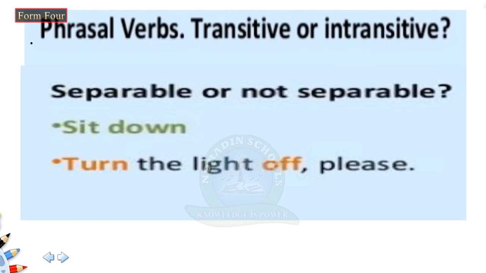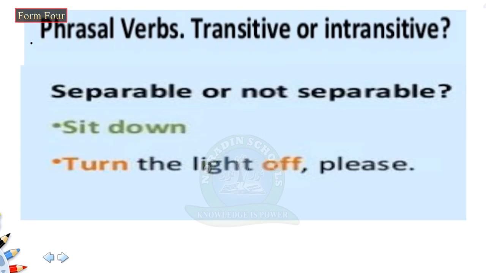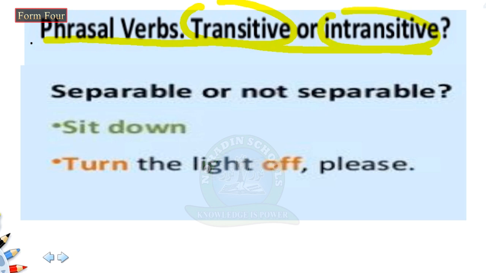What about phrasal verbs, transitive and intransitive? Phrasal verbs can be transitive and intransitive. Do you have an idea about transitive and intransitive verbs? When the verb has an object, we say it's transitive.